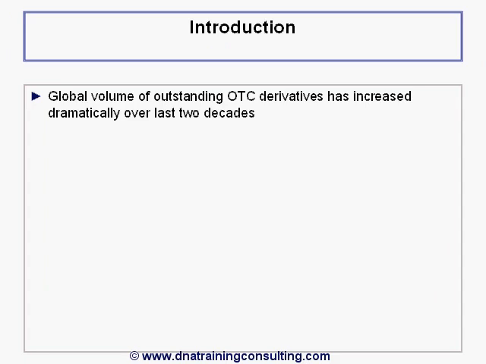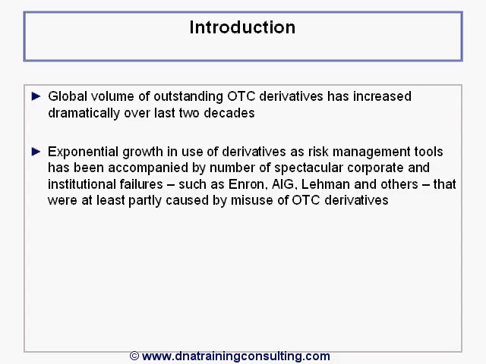The global volume of outstanding over-the-counter derivatives has increased dramatically over the last 2 decades. The exponential growth in the use of derivatives as risk management tools has been accompanied by a number of spectacular corporate and institutional failures, such as Enron, AIG, Lehman, and others, that were at least partly caused by the misuse of OTC derivatives.